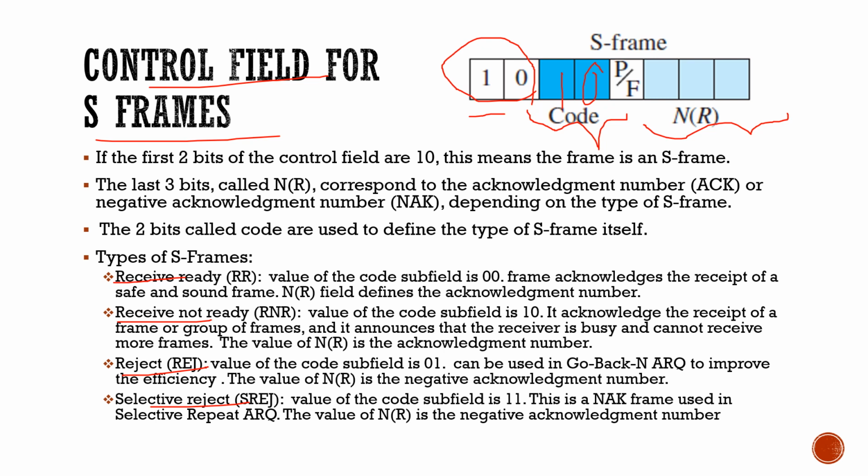If it is 01, then it is reject. It will give a negative acknowledgement number, which we have already seen in the protocols. We will be using it in Go-Back-N ARQ. If the subfield is 11, then it is selective reject. It does not reject everything, it just selectively rejects something, and we will be using it in selective repeat ARQ.